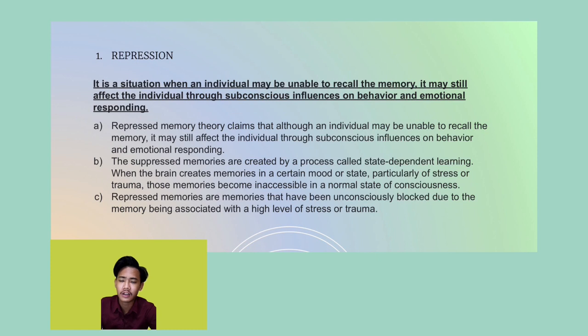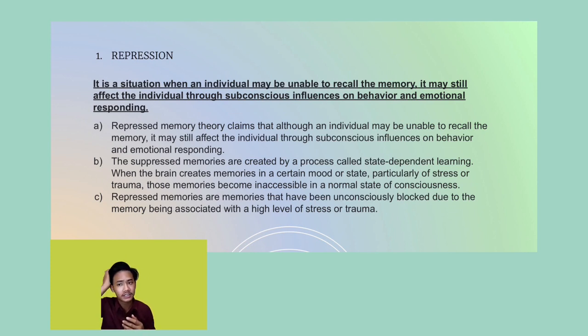First, the repressed memory theory claims that although an individual may be unable to recall the memory, it may still affect the individual through subconscious influences on behavior and emotional responding, as we can see in the first note. The second note is that suppressed memories are created by a process called state-dependent learning.